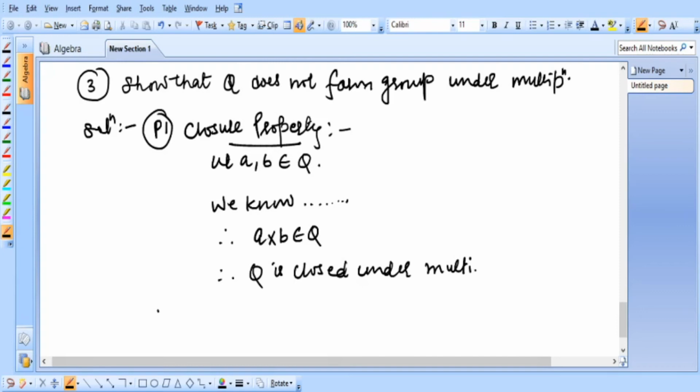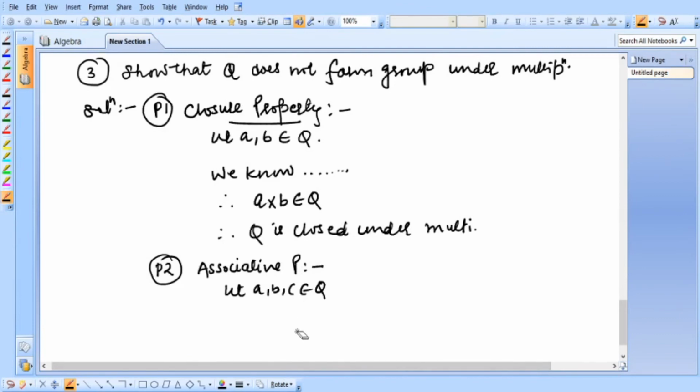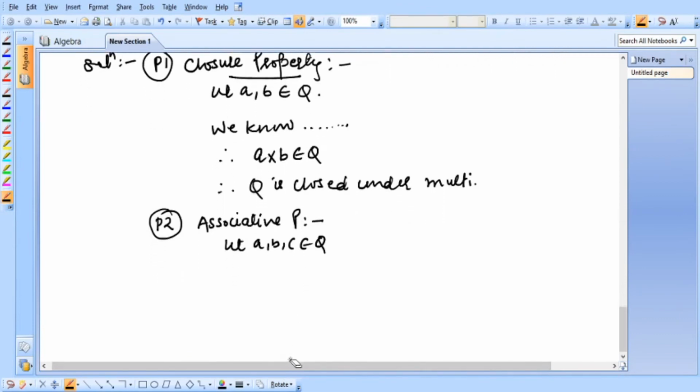Property number 2 is the associative property. Again, in this case, let a, b, c belong to the set of rational numbers.